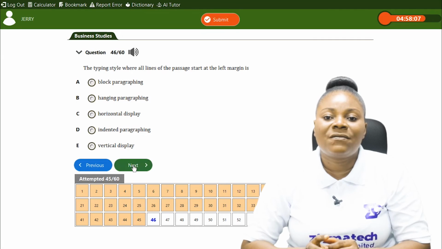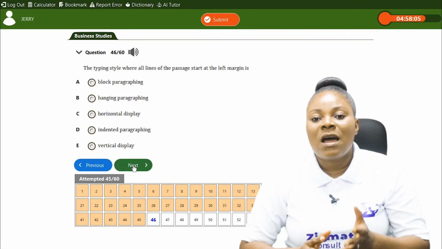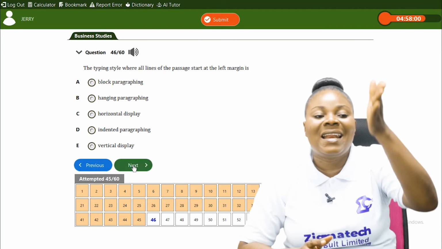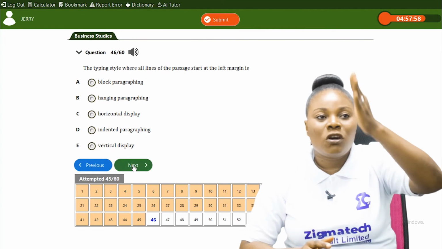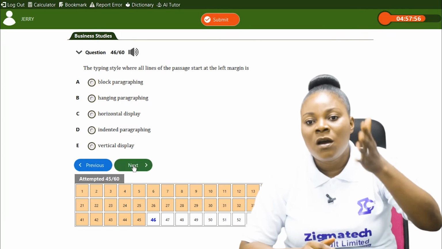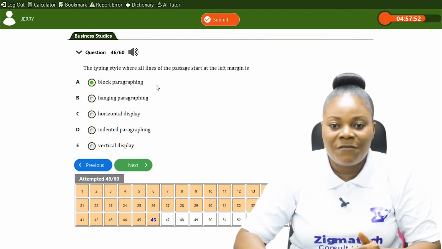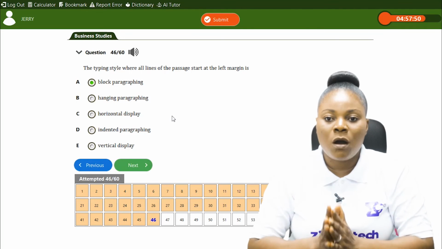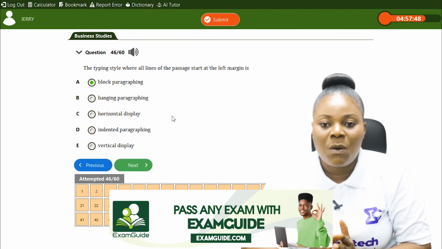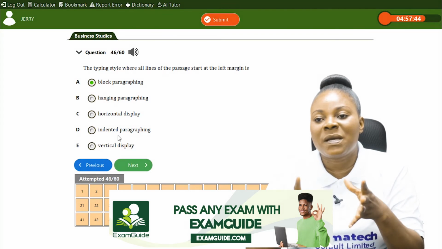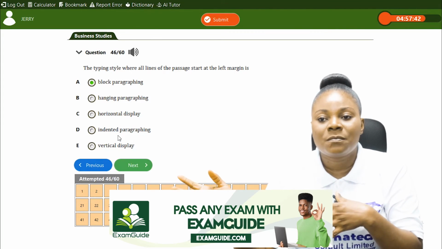So the paragraph that gives you a typing style where all your lines start on the same line on the left margin is called the block paragraphing style. While for indented, you have about 4 characters spacing before you start typing.